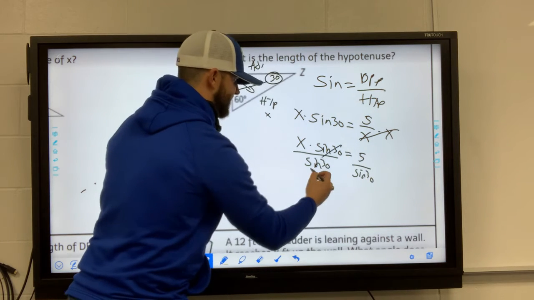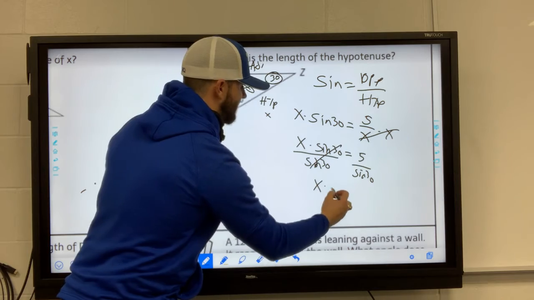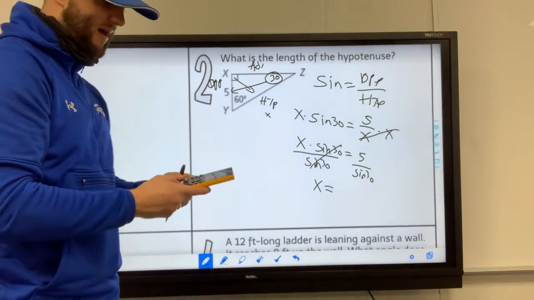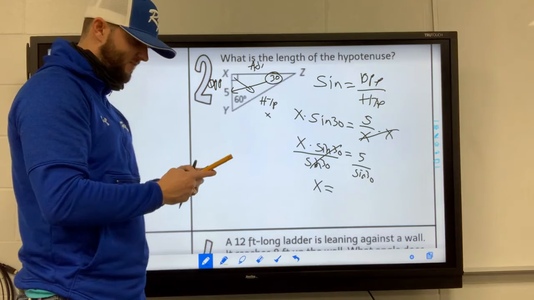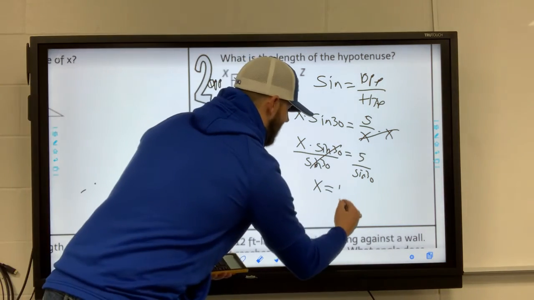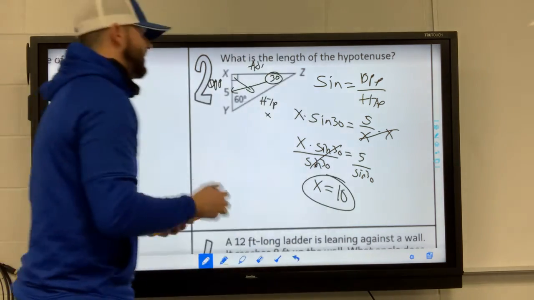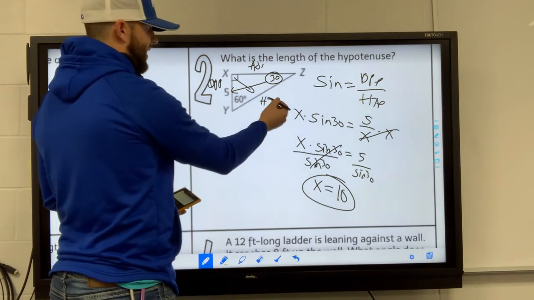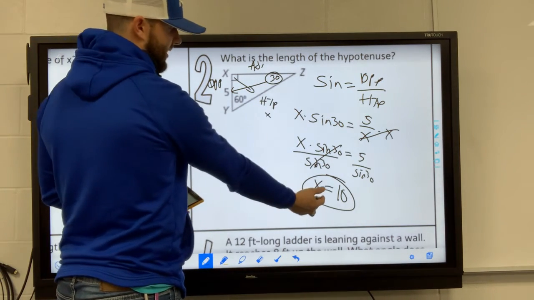So this is going to cancel. So I'm going to be left with x is equal to 5 divided by the sine of 30. So 5 divided by the sine of 30 is going to end up giving me 10. So x is going to be 10. So we know in a 30, 60, 90, I do x times 2 to get this, which is 10, okay?